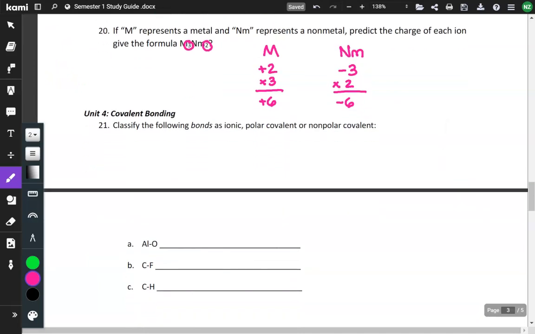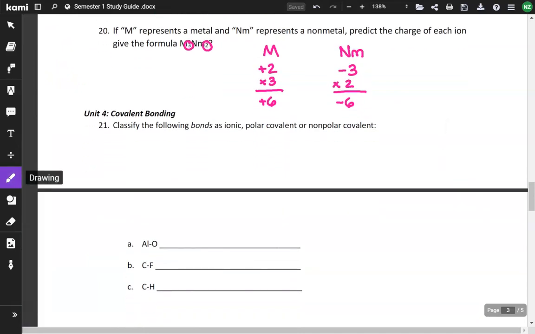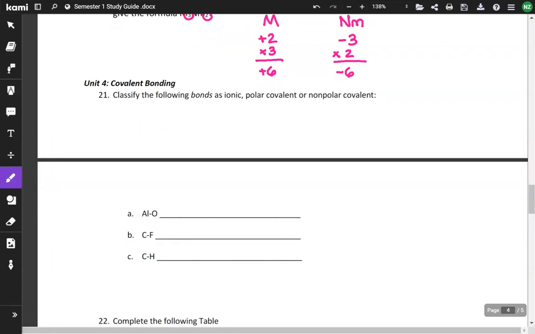Okay, Unit 4 says classify the following bonds as ionic, polar covalent, or non-polar covalent. So for these, you would have to look up these values on the periodic table. So you will get a table of electronegativity values. So if I look these up, you always want to subtract the smaller number from the bigger number. So aluminum, for example, is 1.61 and oxygen is 3.44.